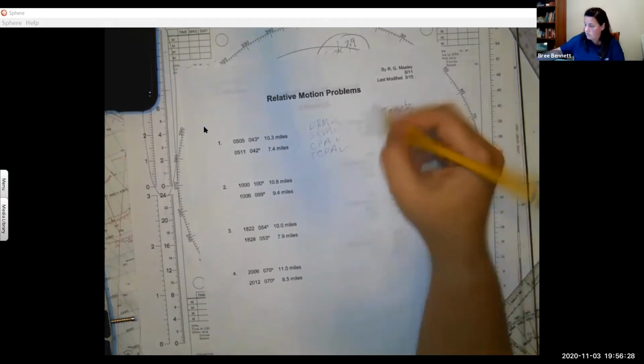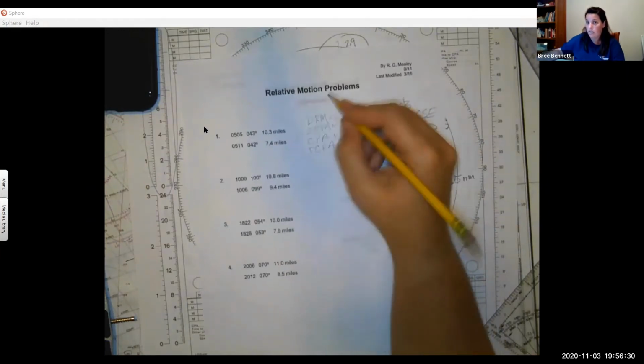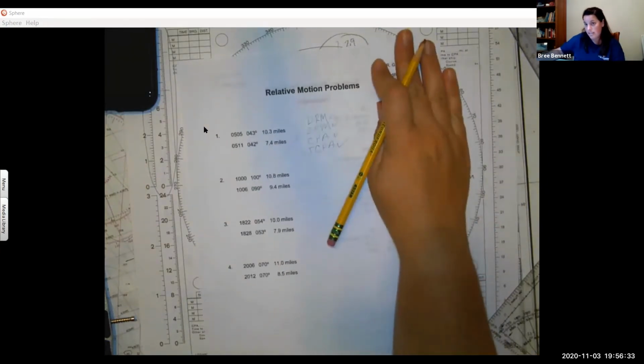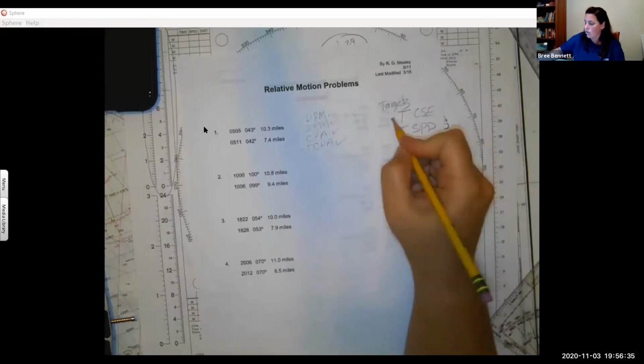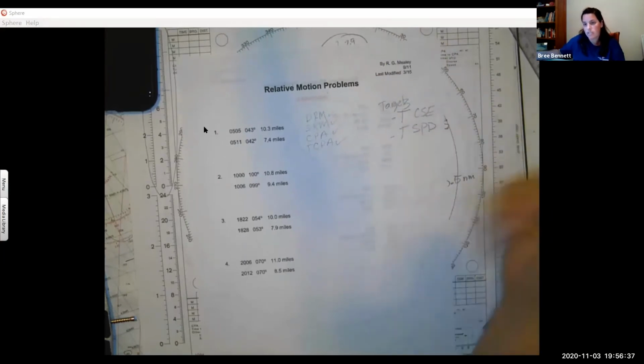So we can get all of this information without E. And then if we have E, we can get 2 more things: the target's true course and the target's true speed.